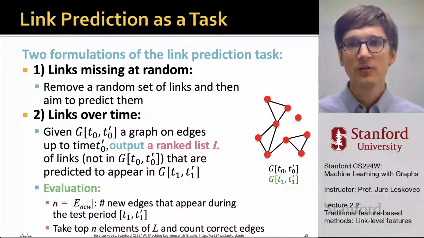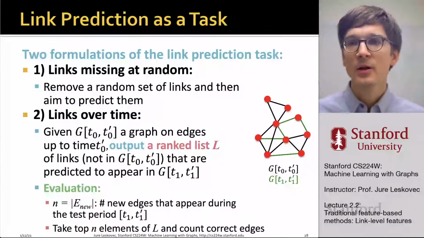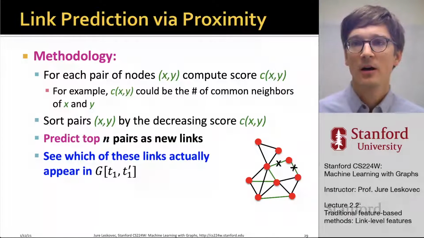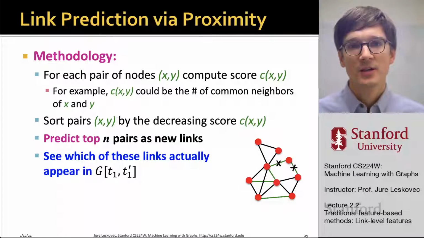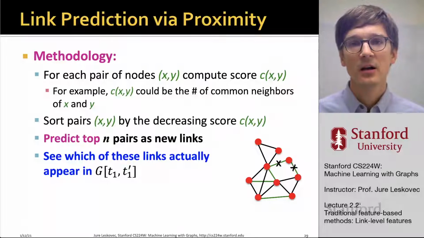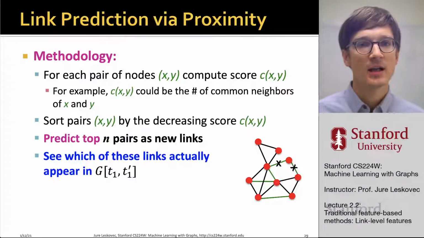So with these two formulations, let's now start thinking about how we are going to provide a feature descriptor for a given pair of nodes. The idea is that for a pair of nodes x and y, we are going to compute some score c(x,y). For example, a score could be the number of common neighbors between nodes x and y.